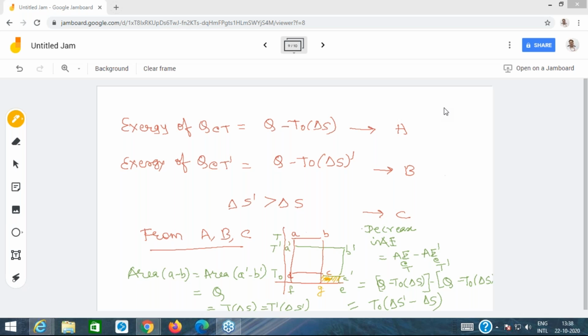Okay, so I'm assuming that you understood, and let me take a small numerical based on this. Write down one numerical which was asked in some university exam.